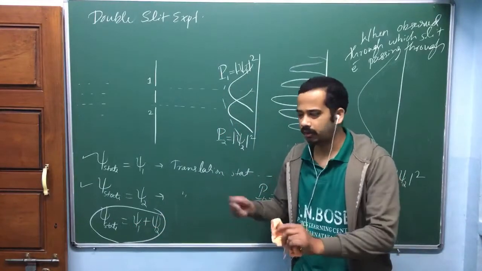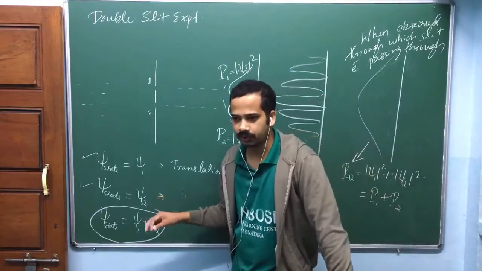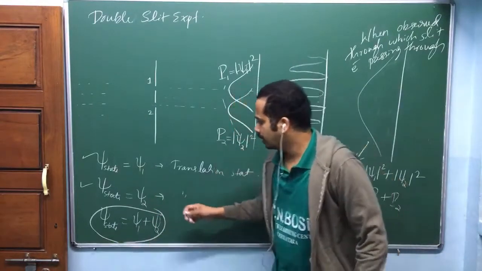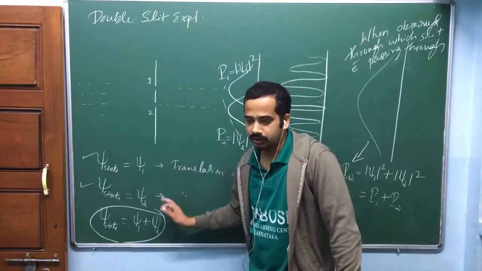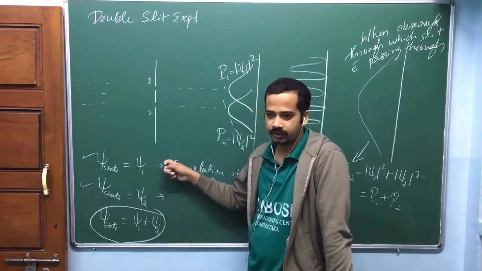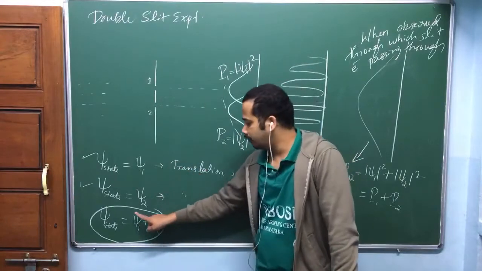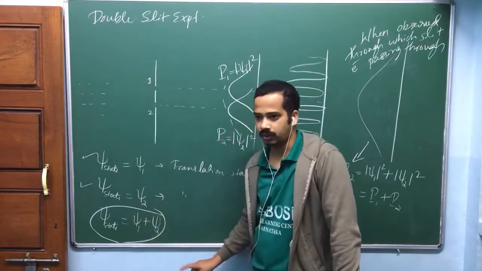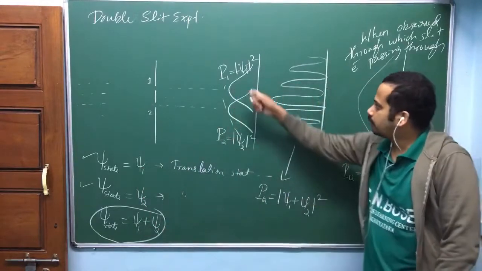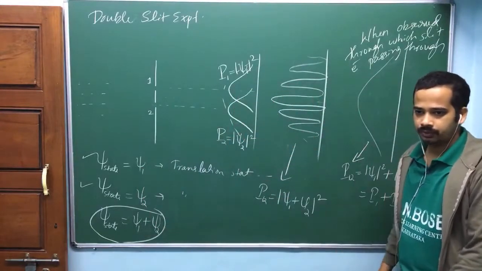Better not to think much about how the collapse happens right now; I'll come to that in pure quantum mechanics. This is quite logical now, isn't it? If you observe, you will get any of these, so definitely the pattern will not be the mod square of the sum. The pattern will be mod square plus mod square, so it will be the merging of these two. Is that okay?